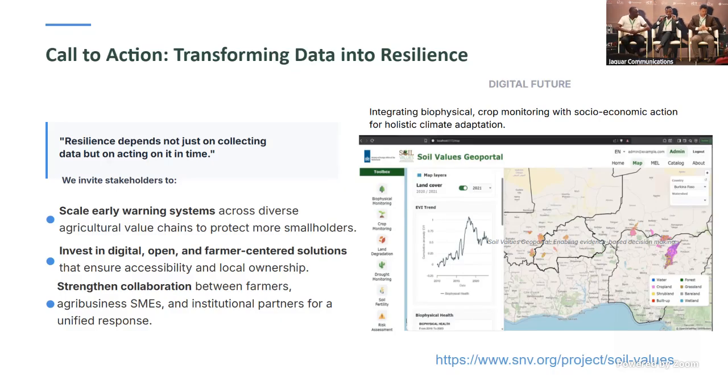So how can we translate this data to a language that a farmer understands? That's where we at SNV created a digital platform that gives this information in terms of nutrient management and fertilizer recommendations, helping farmers all the way from planting to the harvesting of the crop, the value chains that they're cultivating. Thank you.